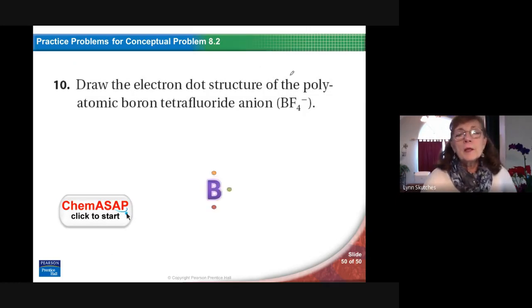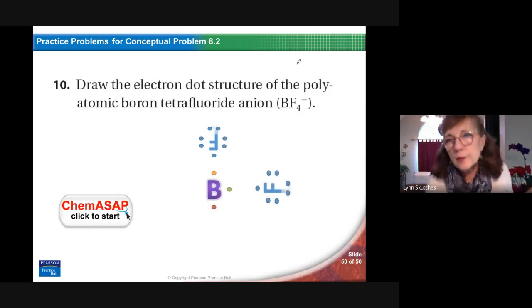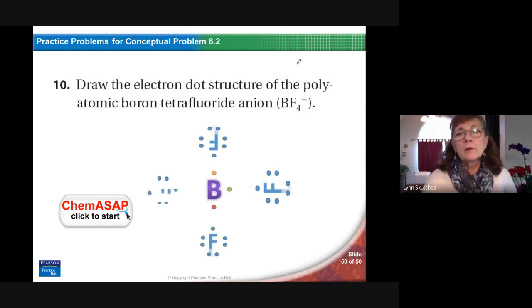Boron is in group 3A or 13. It's at the top of aluminum. Each fluorine has 7 valence electrons, as you know. This, we didn't learn this ion, but just hang in there. Boron tetrafluoride with a -1 charge has 4 fluorines. We'll learn how to name them later.